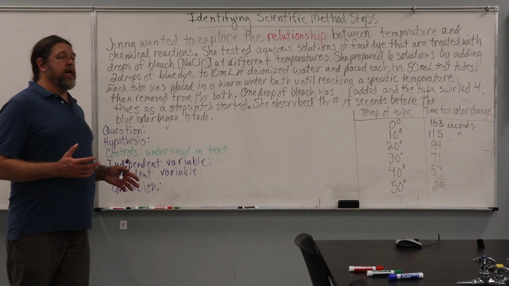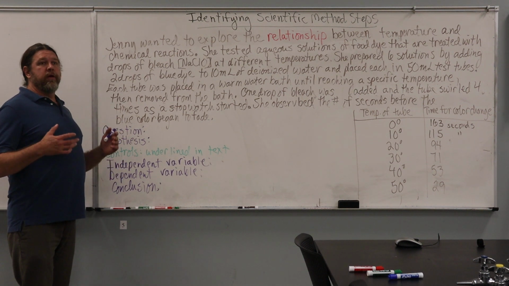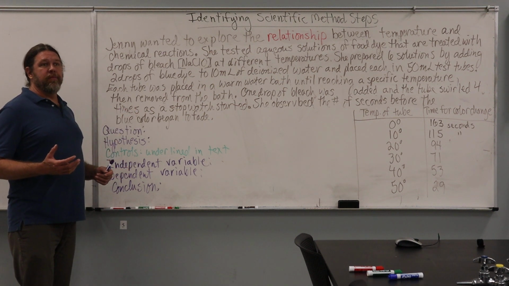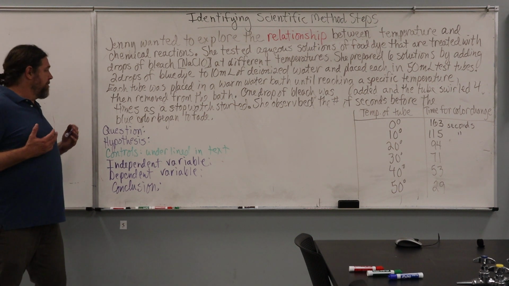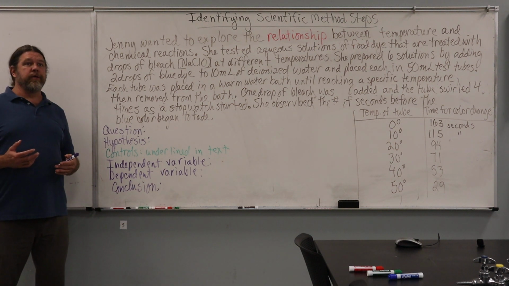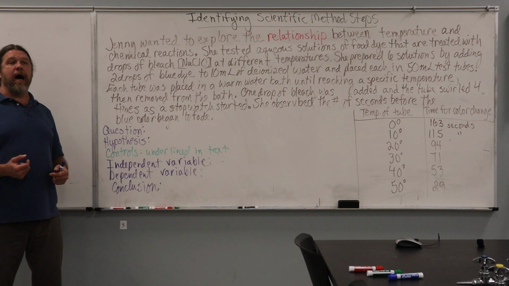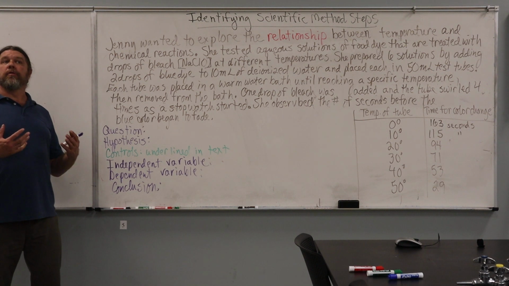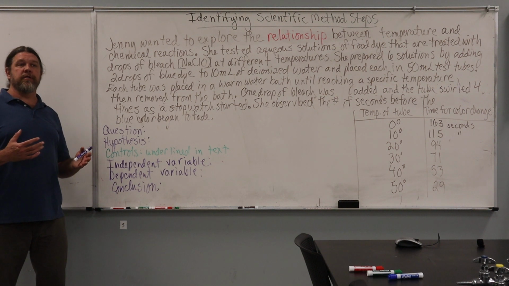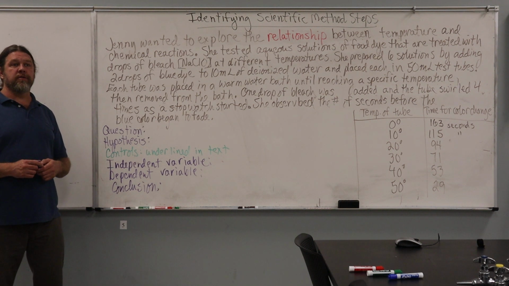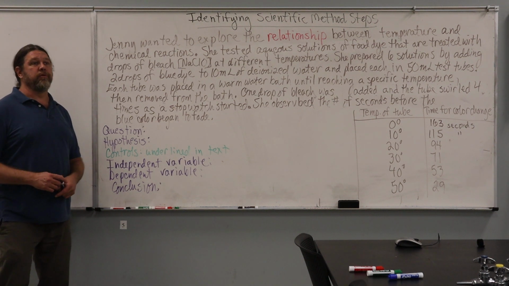So let's take a look at an example of a scientific experiment with a short narrative and short data table, and break it down to identify the steps of the scientific method that are traditionally taught in grade school, high school, and college, where we have a question, a hypothesis, independent variable, dependent variable, things that are controlled or sometimes called constants to make the test a fair test, and ultimately the data that points to some sort of possible conclusion.